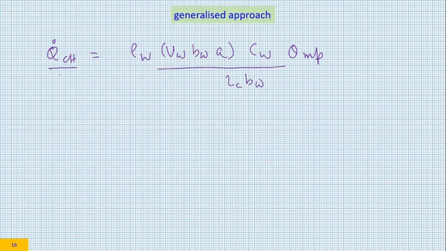So this has to be divided by LC by BW as well, and this will give you, sorry, QCH. This is not RCH. This will give you QCH. So let us write it properly.